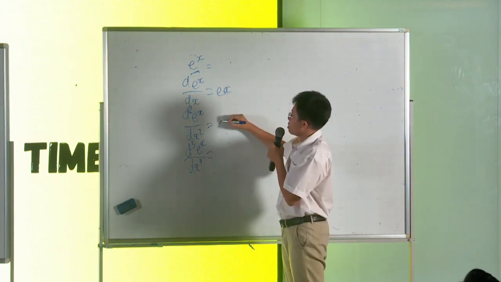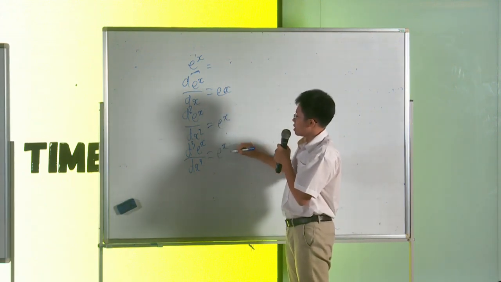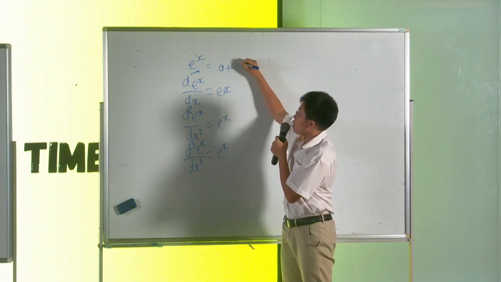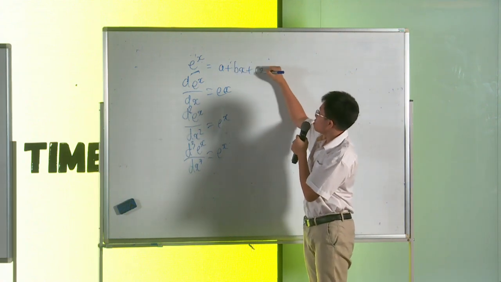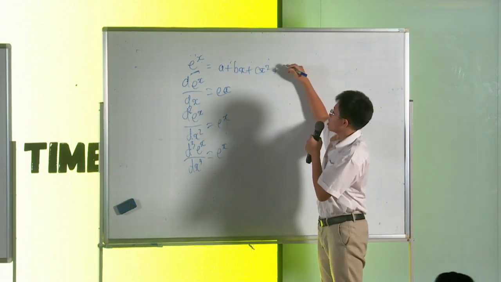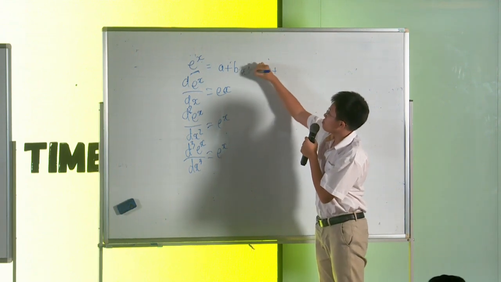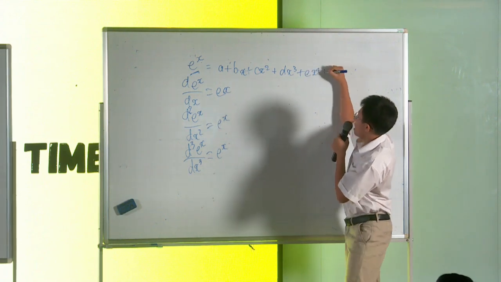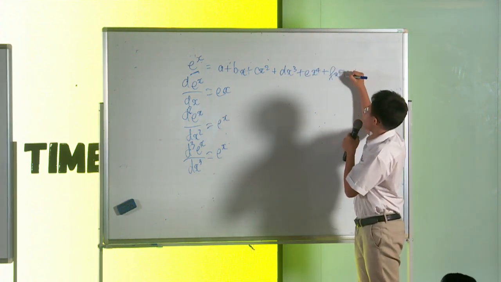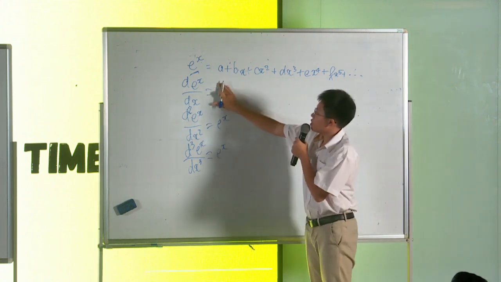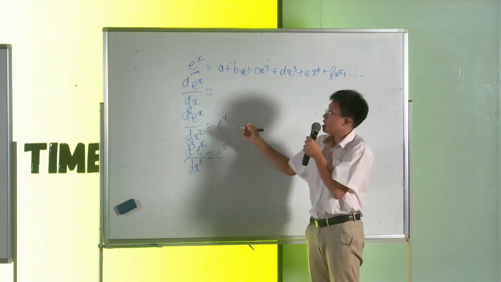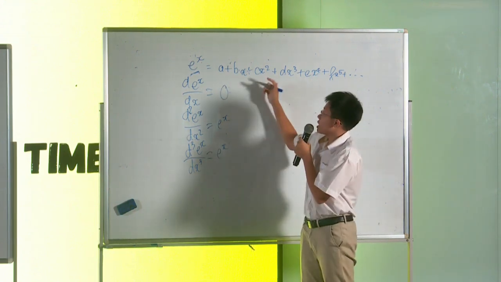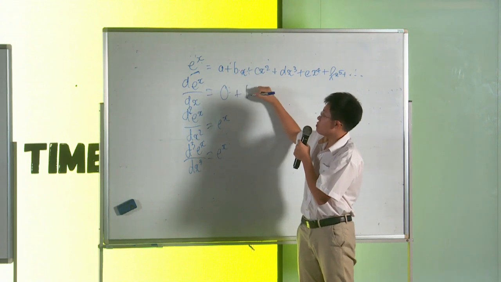So now that we know that e to the power of x is a Taylor series, we will express it as a plus bx plus cx squared plus dx cubed plus ex to the power 4 and fx to the power 5, and so on and so forth. So for the first differentiation, the a will turn into a 0 because it will lose one term and the exponential value will degrade, so it will be b.